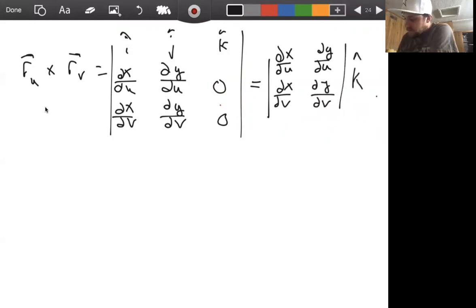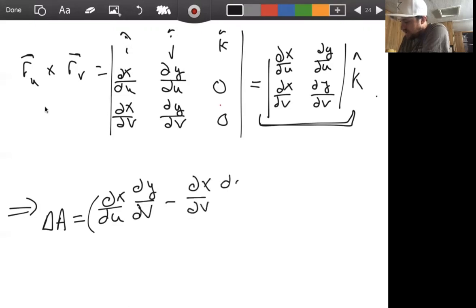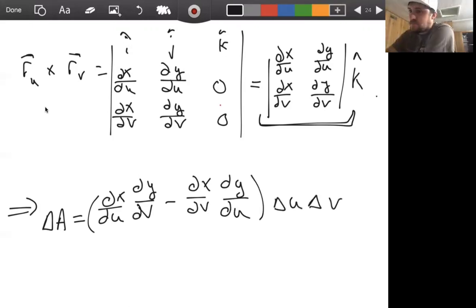And so what this means is that delta A, the change in area, is, I'll actually take this determinant up here, right? And that determinant is going to be dx du, dy dv minus dx dv, dy du, times delta u delta v.